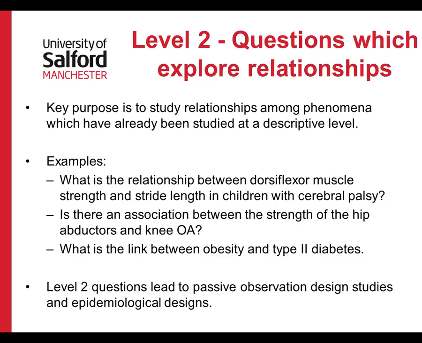Now, you need to bear in mind that level 2 questions, or research designs which correspond to level 2 questions, cannot address cause and effect. They simply show that two variables are related to each other. And we need to ask a level 3 question in order to test possible cause and effect.